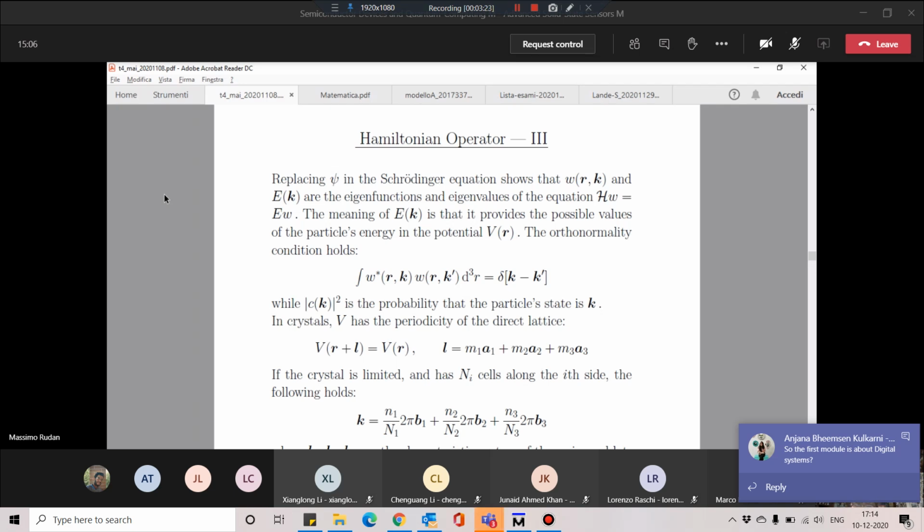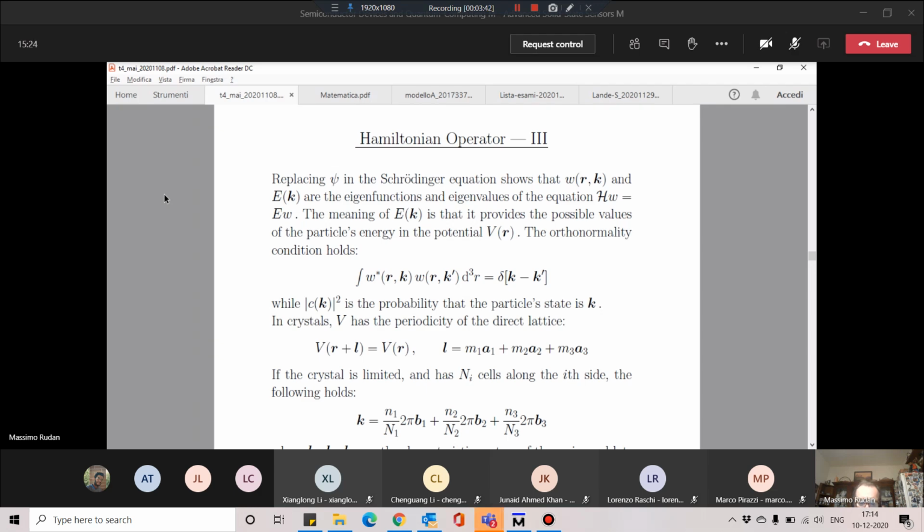You also remember that we associate a reciprocal lattice to the direct lattice, and then we associate a scaled reciprocal lattice to the reciprocal lattice.